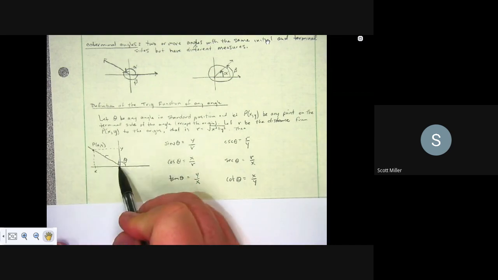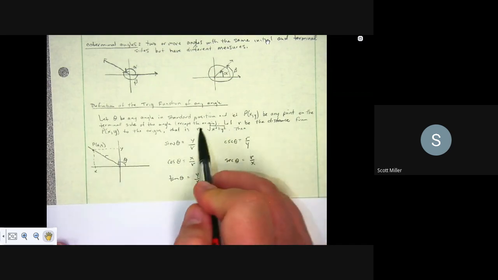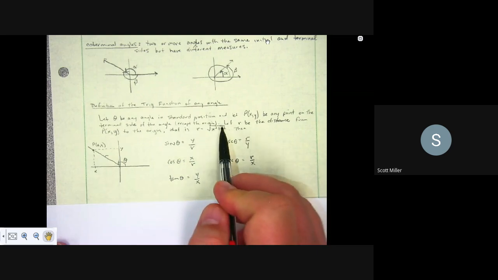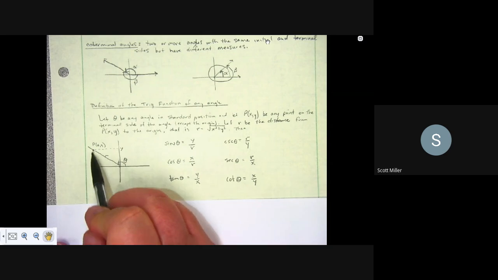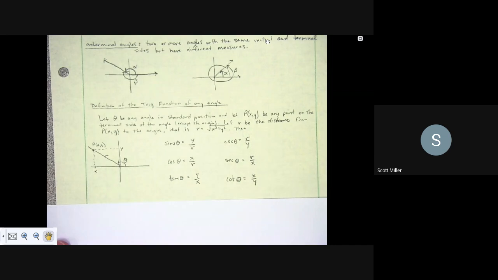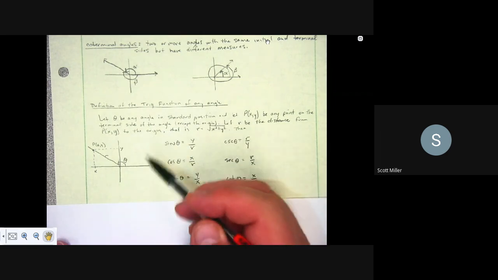The distance from this point to the origin, using just the Pythagorean theorem, gives me this relationship right here. This distance here is x, this distance here is y. x squared plus y squared is r squared. Pythagorean theorem. And if you look at this, you'll see there's a very close similarity to what we did before, where we did opposite over hypotenuse and things like that.